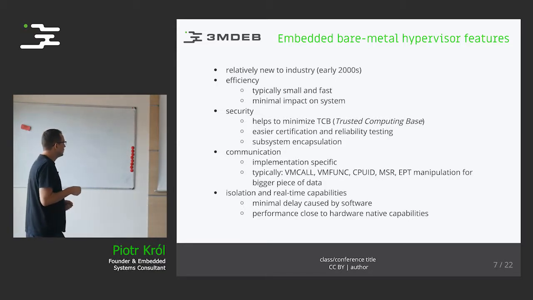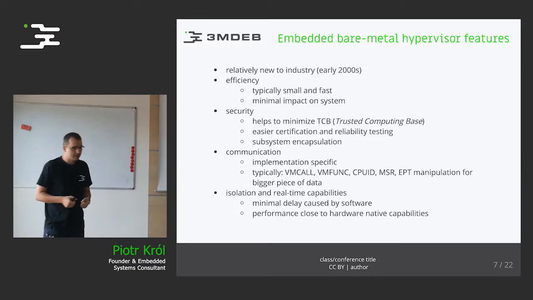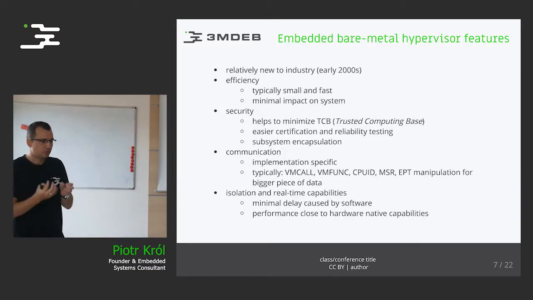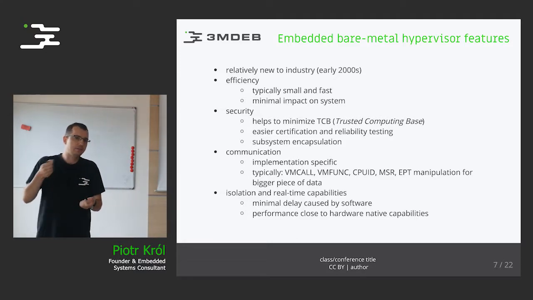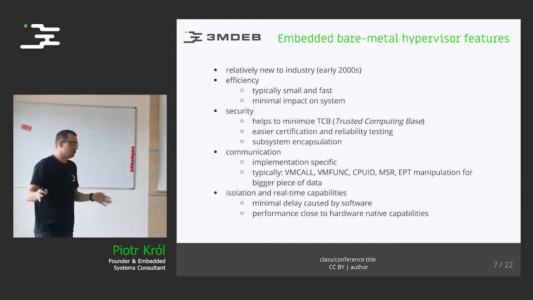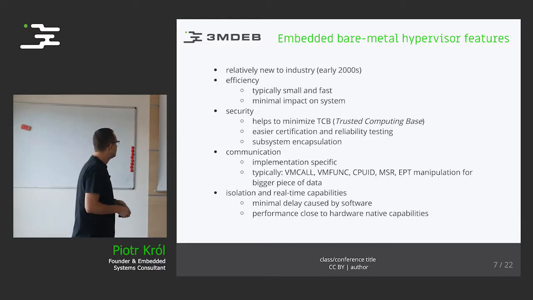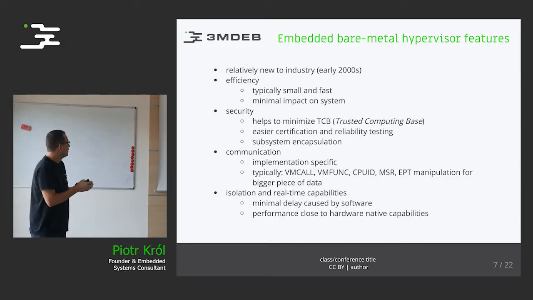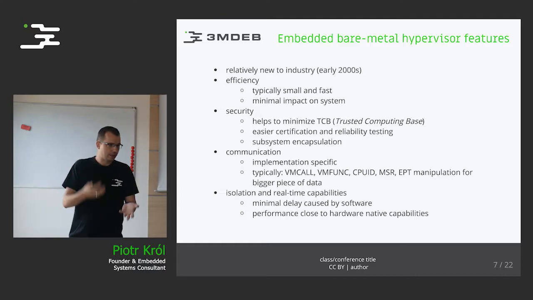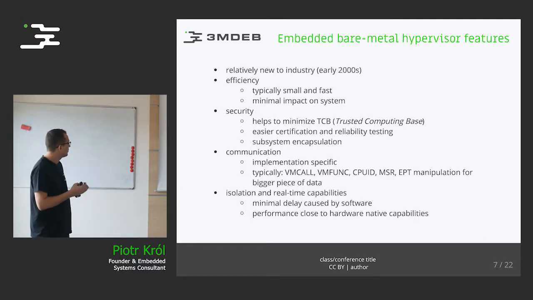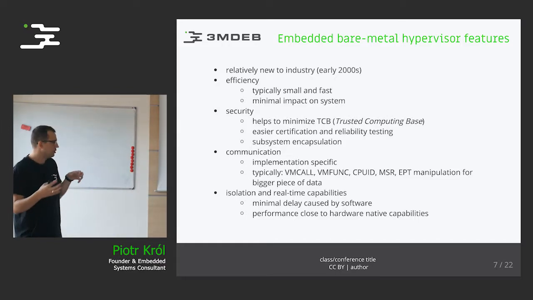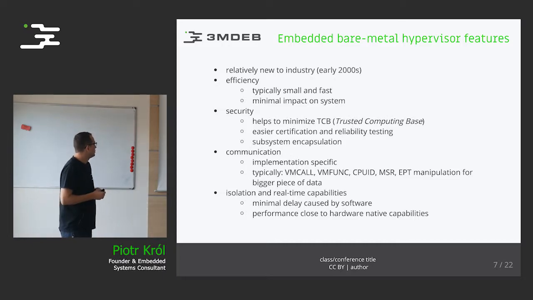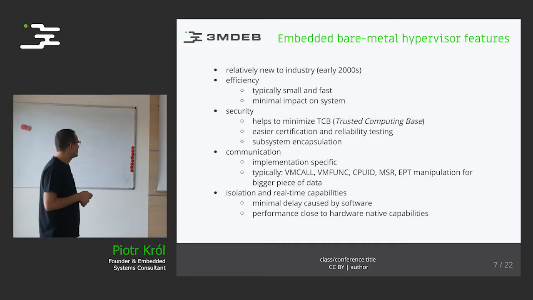In case of security, it helps to minimize the trusted computing base. The trusted computing base is the piece of software, hardware or firmware which is critical to the security of our system. If this is compromised, we are just doomed. Having a small, efficient, reliable and testable embedded hypervisor gives us the ability to minimize this code base, which we call the trusted computing base, which will cause huge problems for the system if compromised.